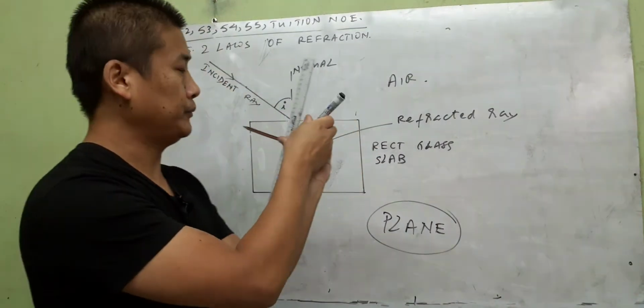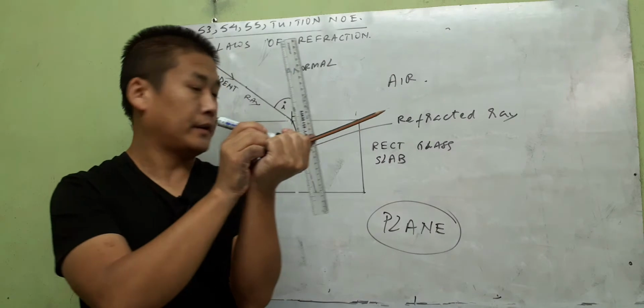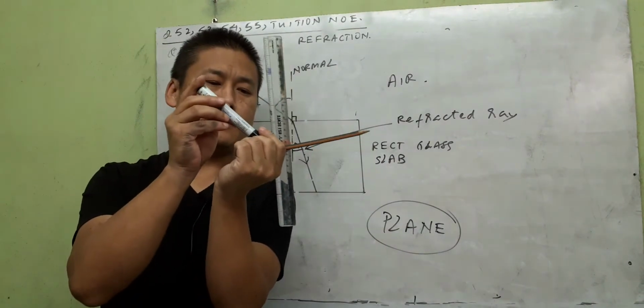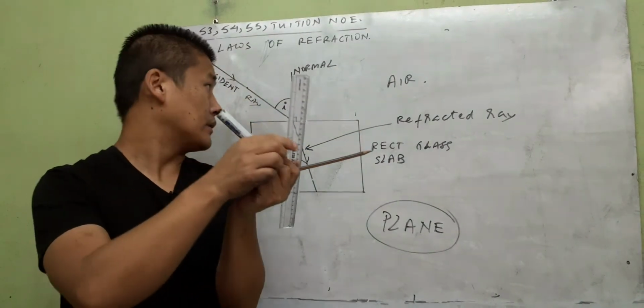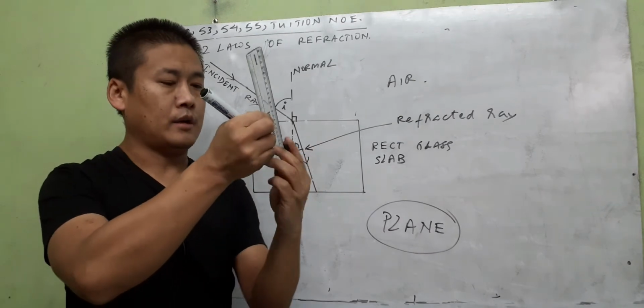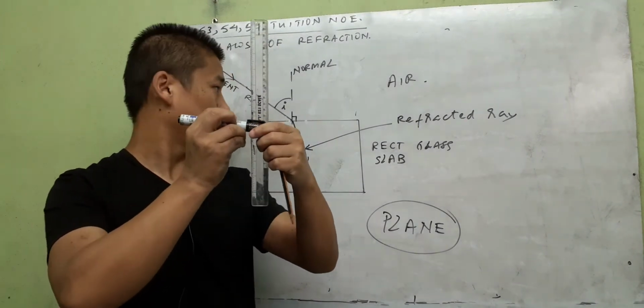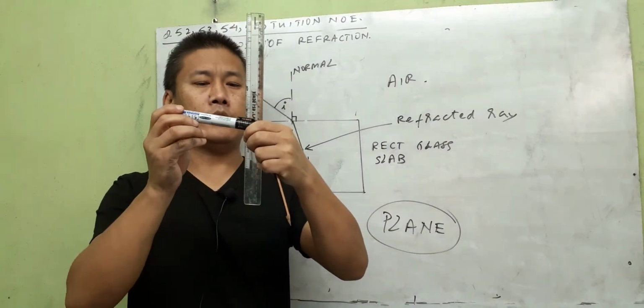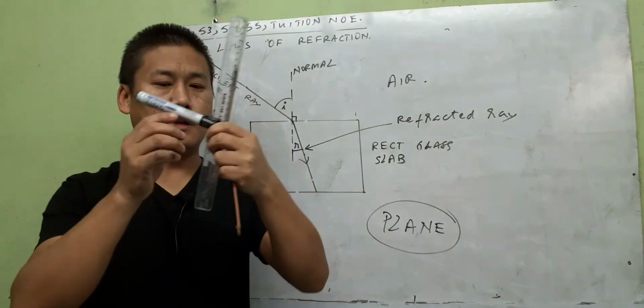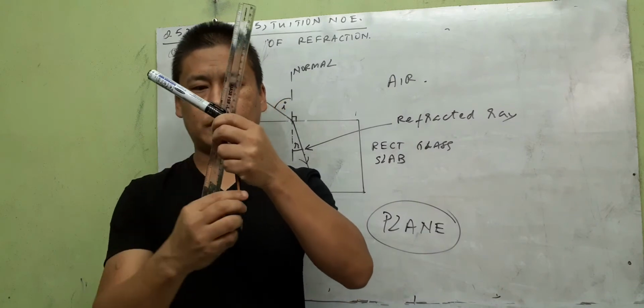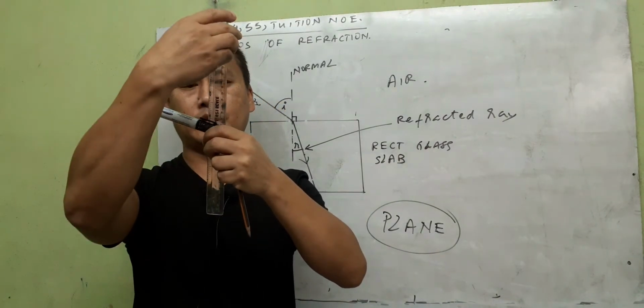So this is the incident ray, as you can imagine. Then as it enters the glass, it will bend towards the normal, like this. I think the picture is like this. So this is the normal, this is the incident ray, this is the refracted ray, the pencil, and this scale is the normal.